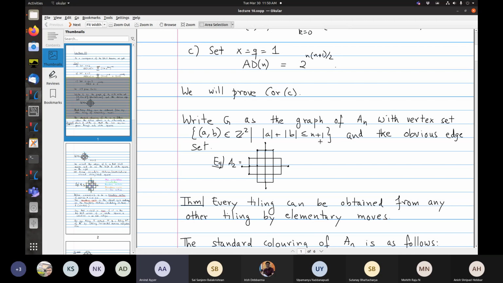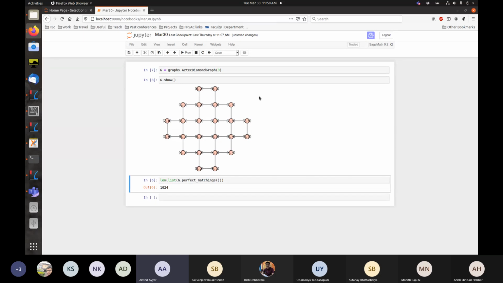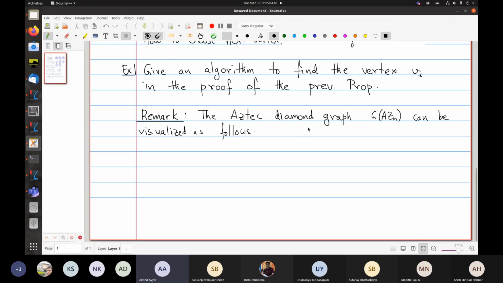Let me show you for 3. 3 is better to see. I'll compare with this in a moment. So what you do is you draw diamonds like so, touching.